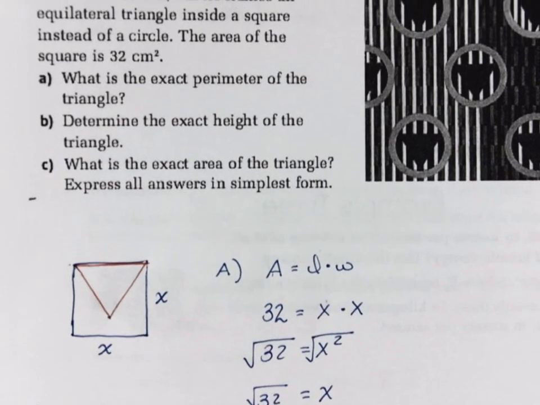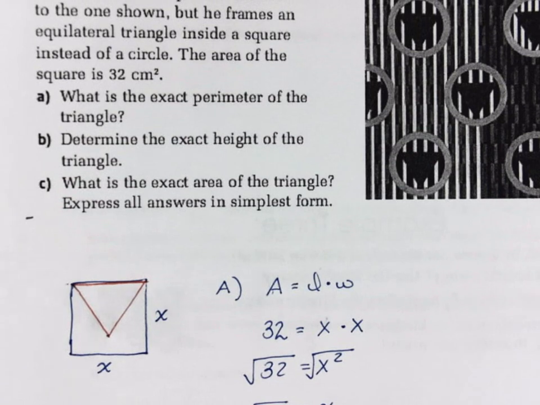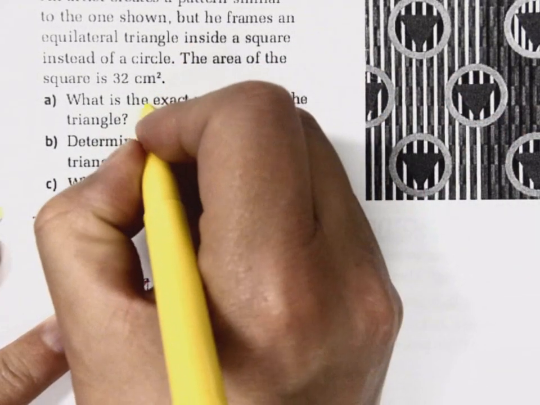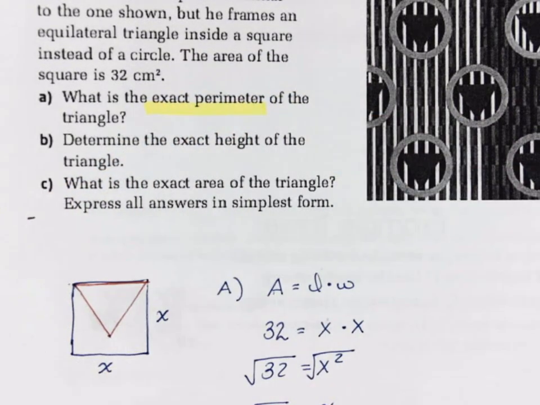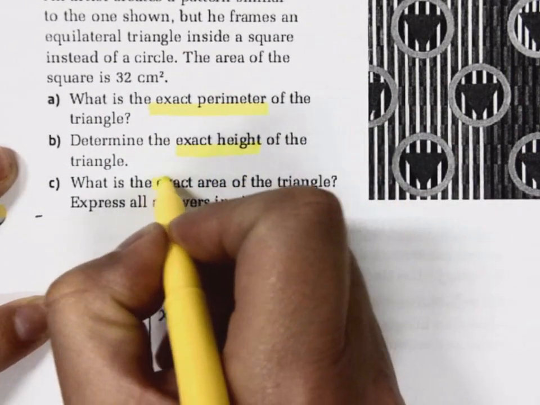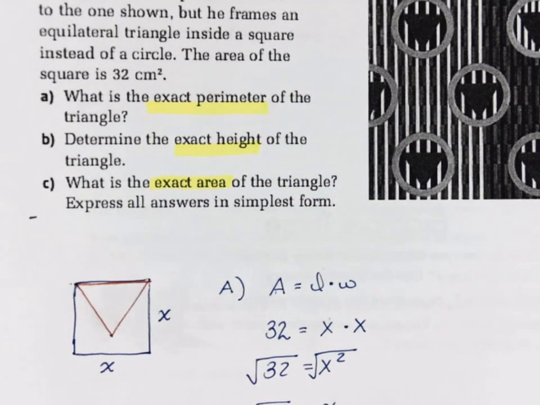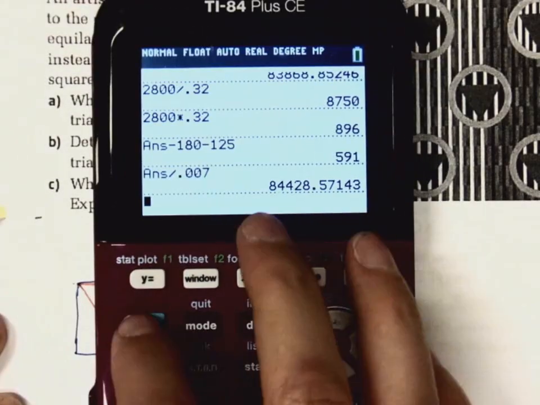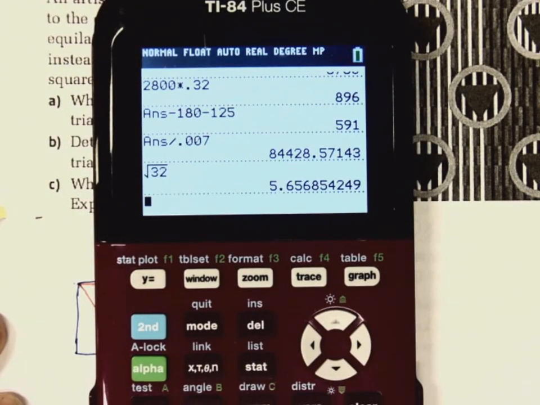So I just want to point out some language in this question: exact perimeter, exact height. You're going to see the word exact an awful lot. What that means is I don't want you to put the root of 32 in your calculator and get a decimal. Do you remember what irrational numbers are?